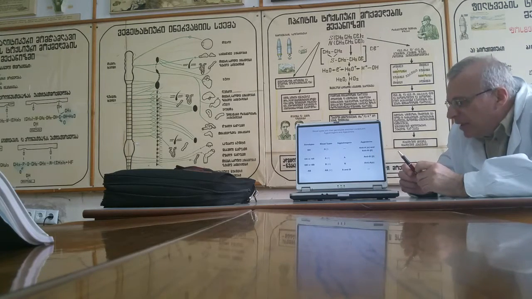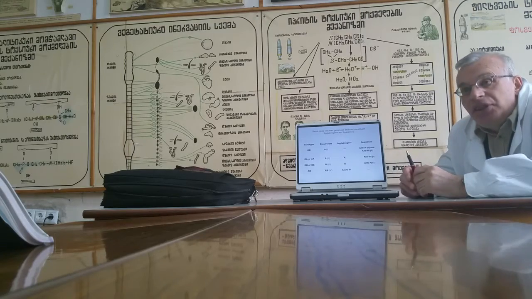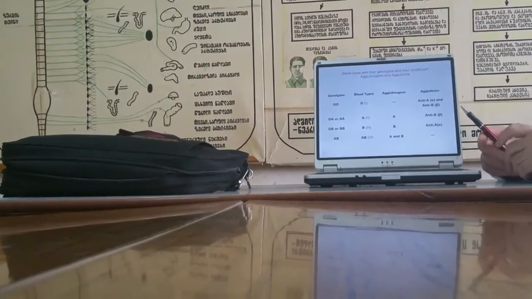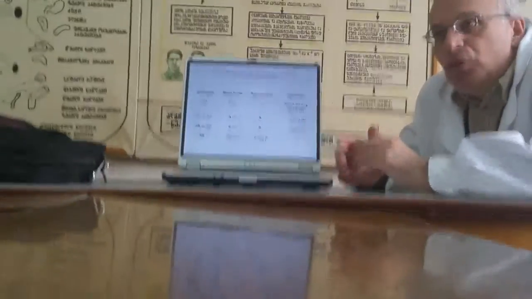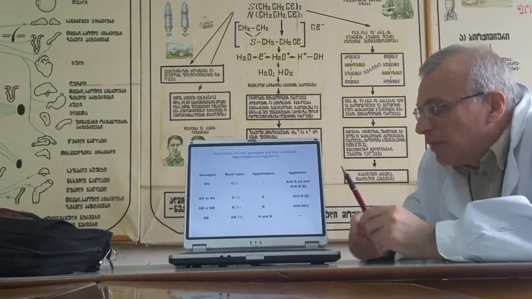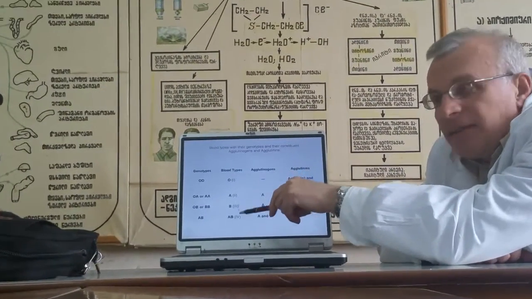At the beginning of the 20th century, the Czech physiologist Jan Jansky discovered four groups of blood, and they called them group number 1, 2nd, 3rd, 4th.